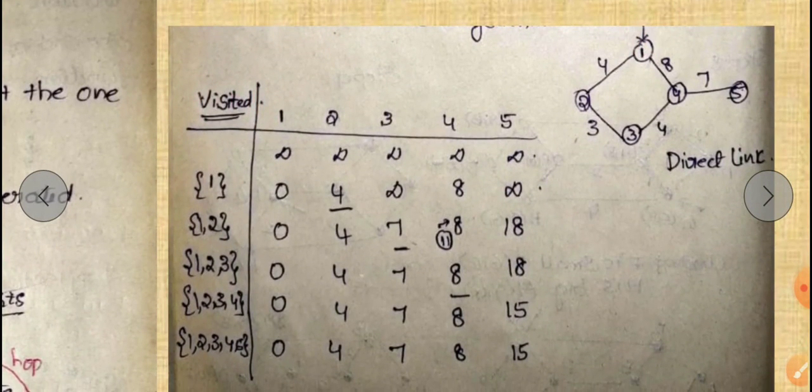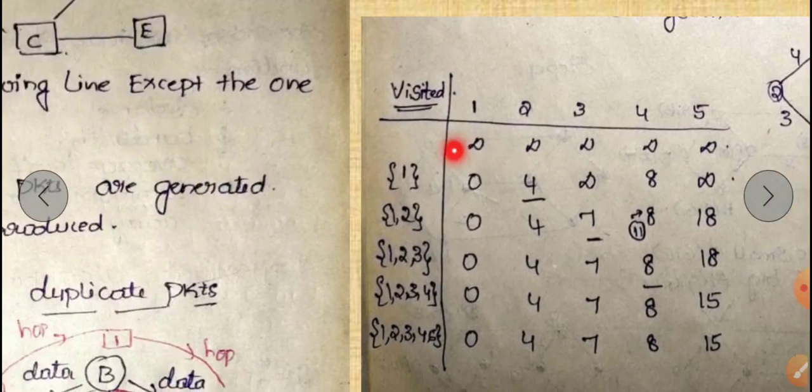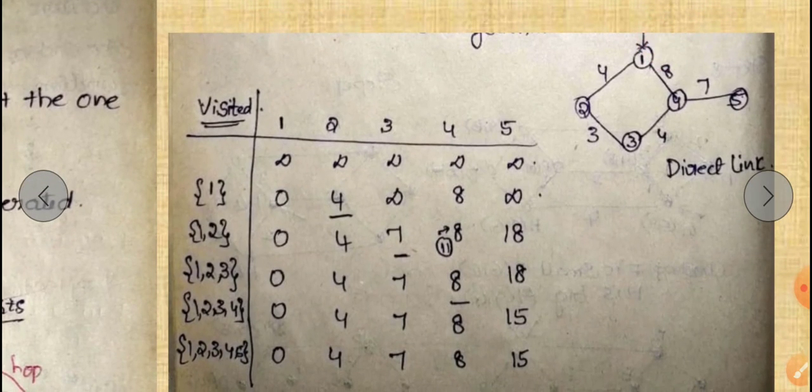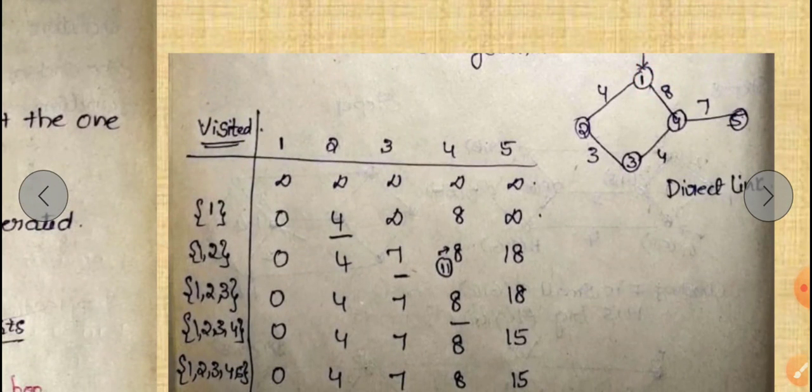From router 1, initially all routers have an infinite value. There are no values in the table. So when I visit router 1, the distance from router 1 to router 1 is 0.